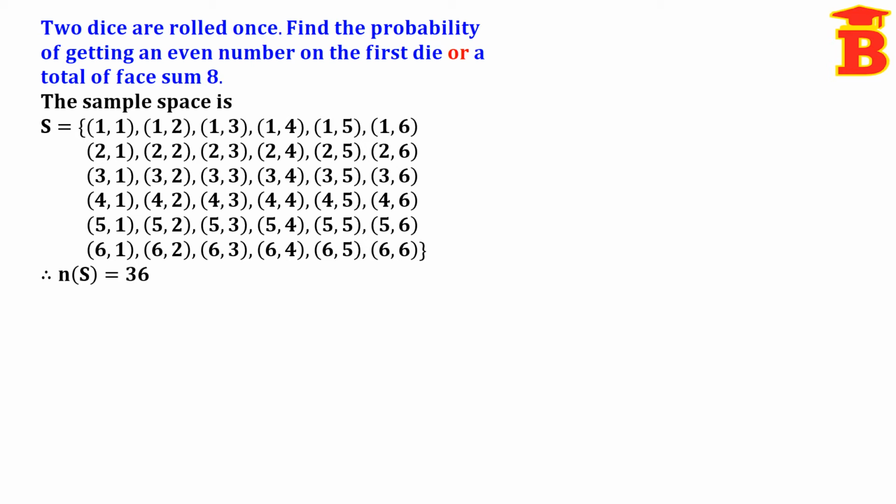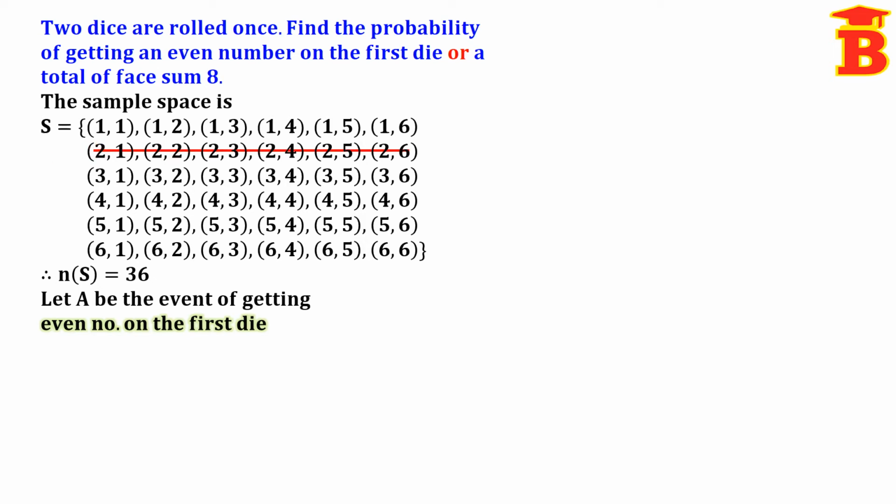Here the first event is getting an even number on the first die. So let A be the event of getting an even number on the first die. See the sample space. The first number should be an even number. So see the second row, we have the first number 2. So we have to take all the elements in the second row.